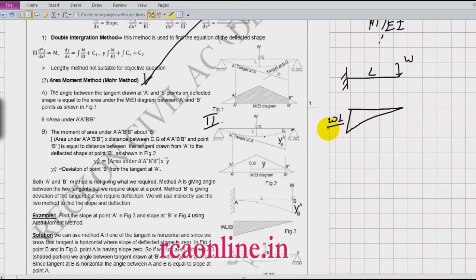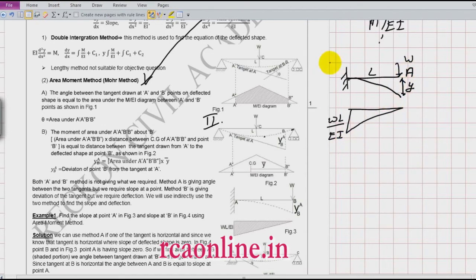WL, and what will be its M over EI diagram? It will be WL over EI. Is it okay? Now what will be its deflected shape? Its deflected shape is something like that. Okay. Again, I feel sorry that I am unable to draw it very clearly. So this is its deflection Y. Now if I have to find the slope at point A, then what I will do?